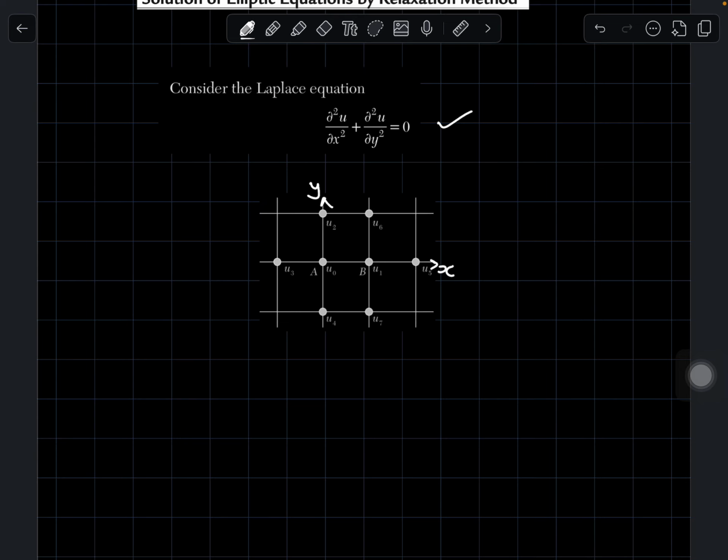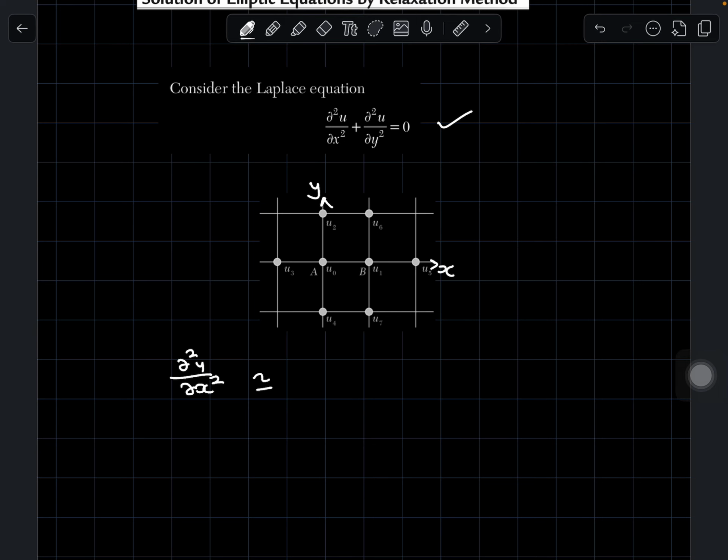Then the second partial derivative of u with respect to x is approximately equal to, the x-axis is the horizontal line, and since we want to find the mesh point u naught, I had indicated that the value of u naught is a. I want to know what is a.